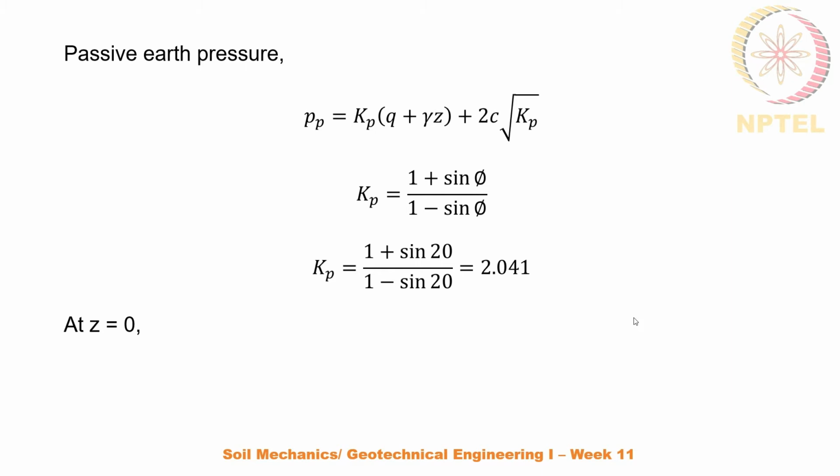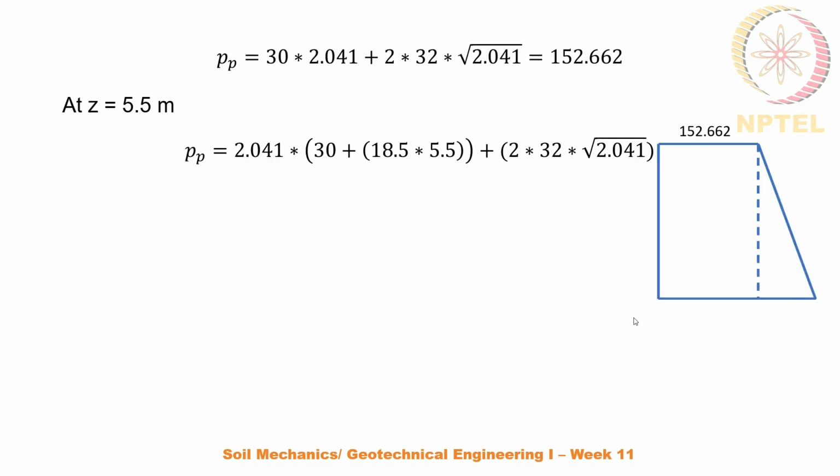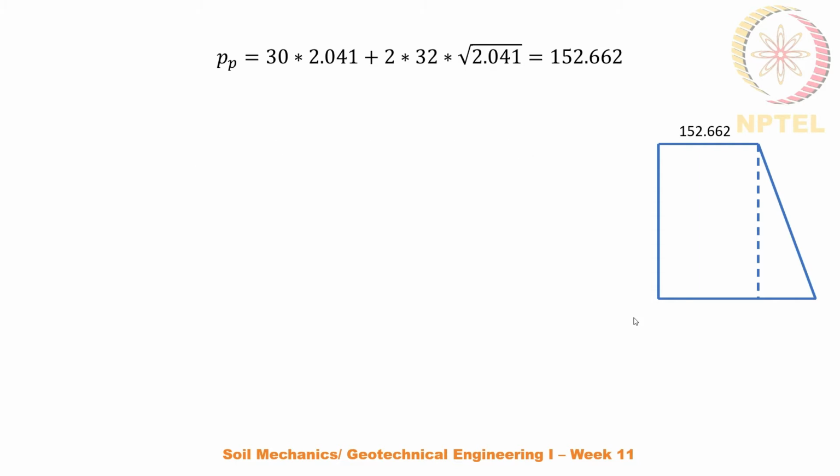At Z equal to 0, we have the passive earth pressure as Pp is equal to QKp plus 2C root Kp. So the Pp value becomes equal to 152.662 and can be represented as shown in the figure.